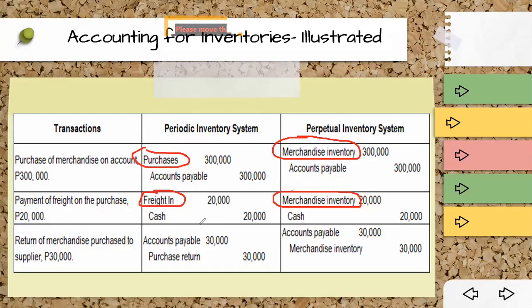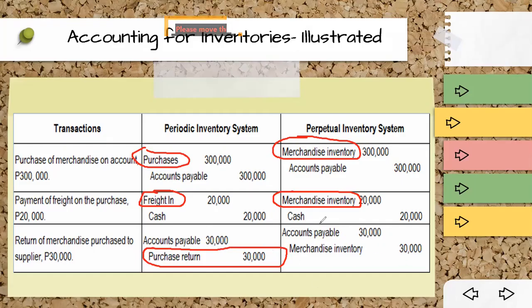So, might as well record it as merchandise inventory para ma-add up na doon sa cost ng ating inventory. Now, when there is a return of merchandise purchased amounting to 30,000, we debit accounts payable for 30,000 and we credit purchase returns and allowances for 30,000. I hope you can still recall this in your basic accounting.